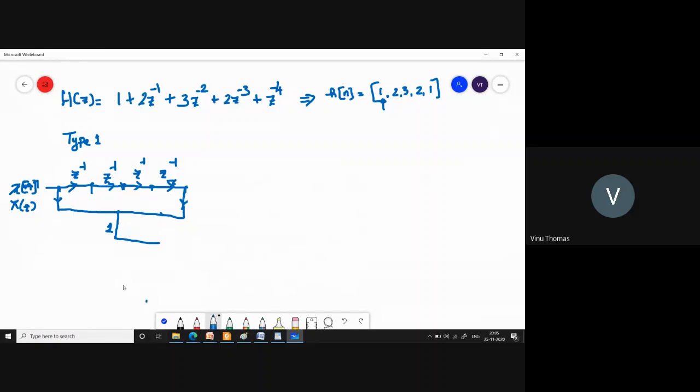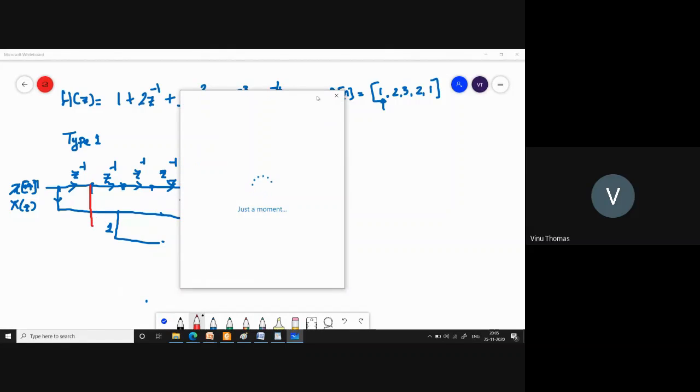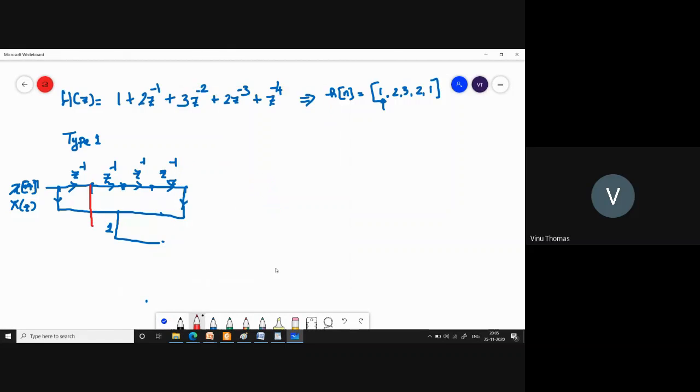Likewise, we have the next one, which is here. So I use a different color to emphasize this. These two are added together. And then it's multiplied by 2. Okay.